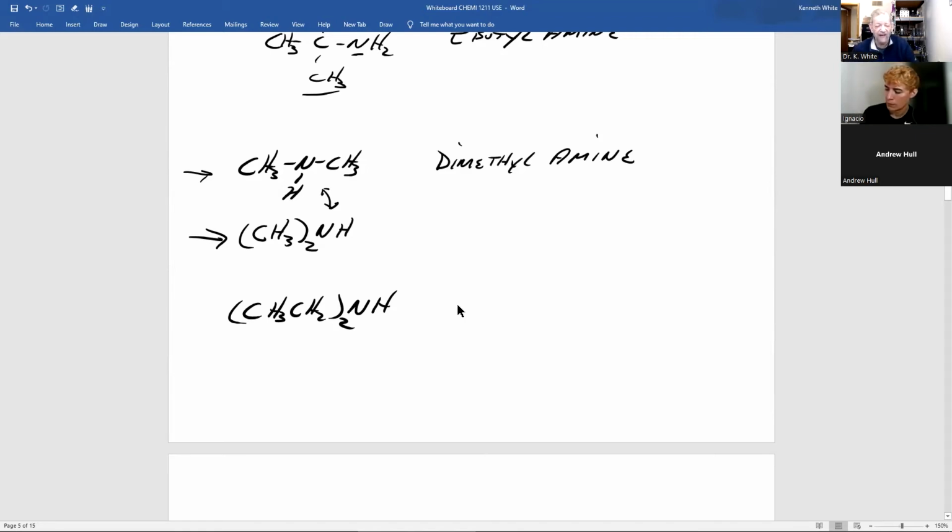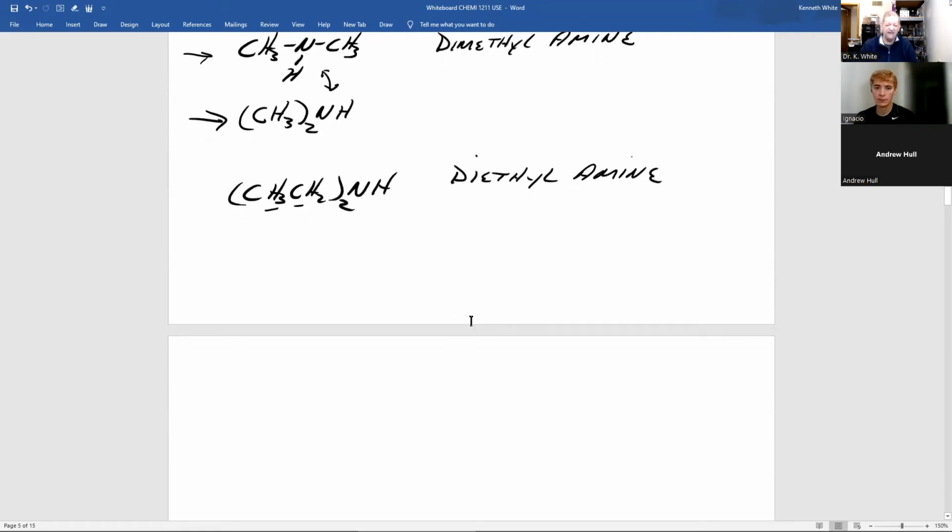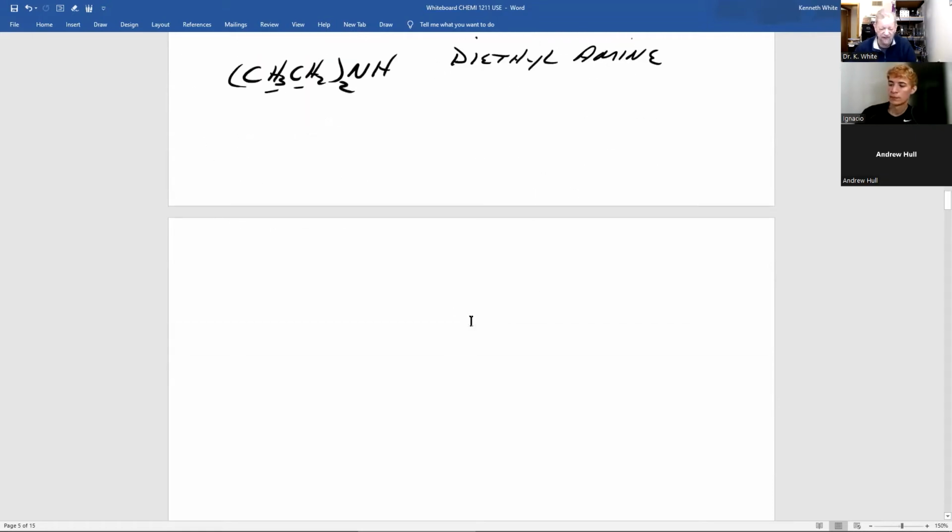And we have 2, what's CH3CH2? Ethyl. This would be diethylamine, which is a secondary amine. Now, the groups could be different, but let's try a different one.